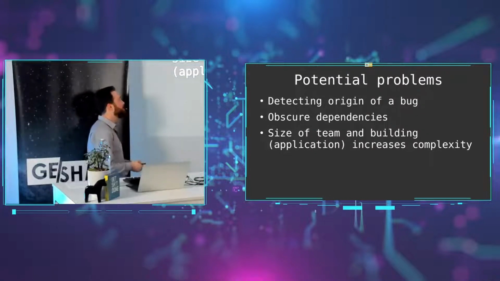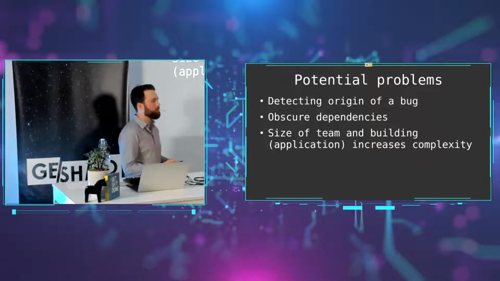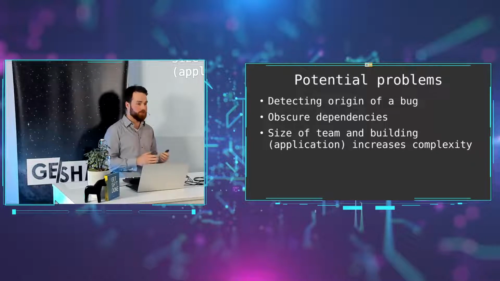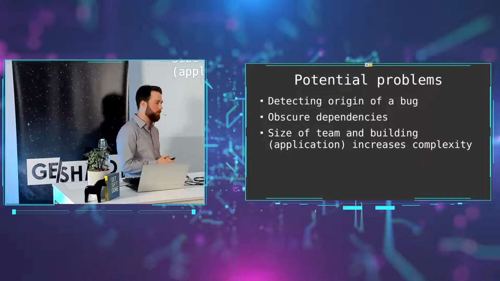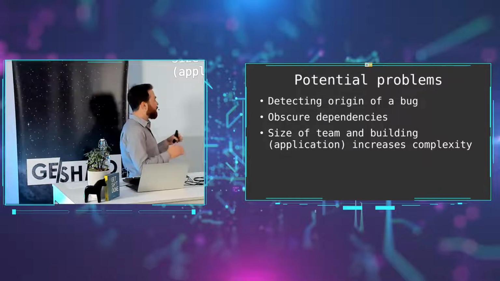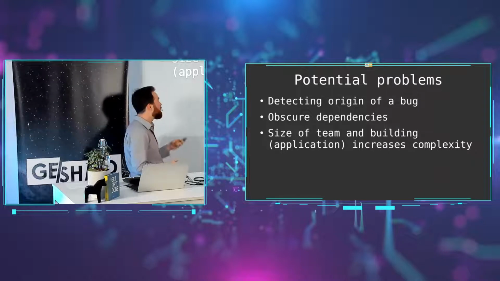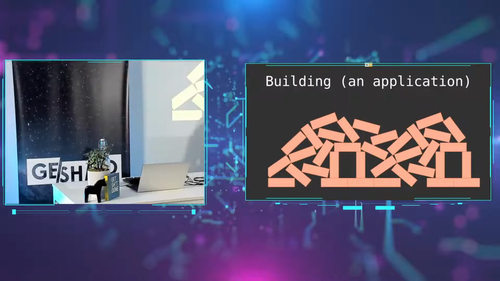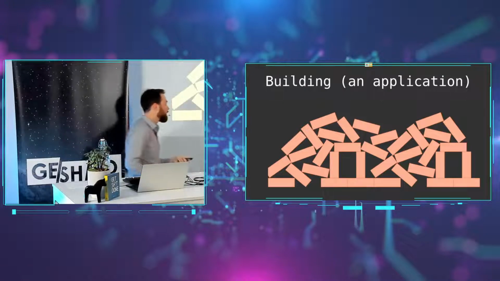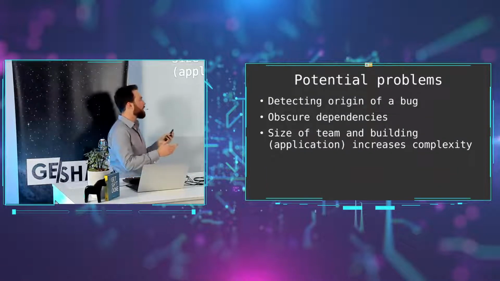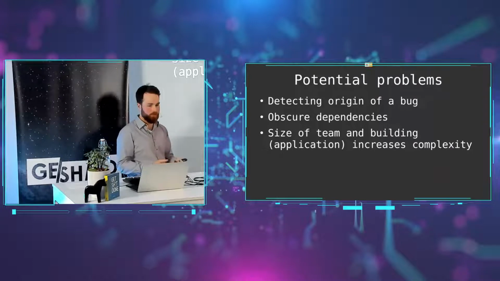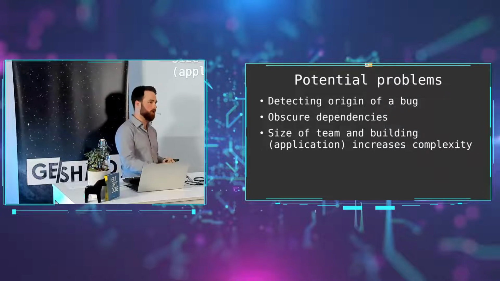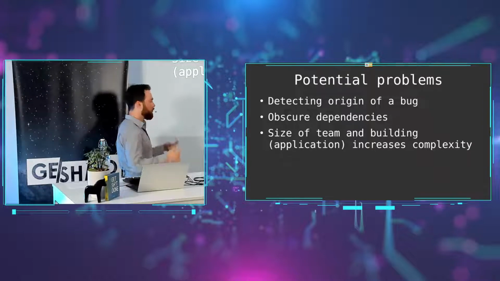So that is what I list here as a main potential problem of any application that isn't tested enough: we have a hard time finding where the origin of a bug comes from, because we have obscure dependencies. We don't necessarily know in this picture how this part relates to this part of the application. So we want to figure out, through testing, that all the parts we already know are working as we expect them to.